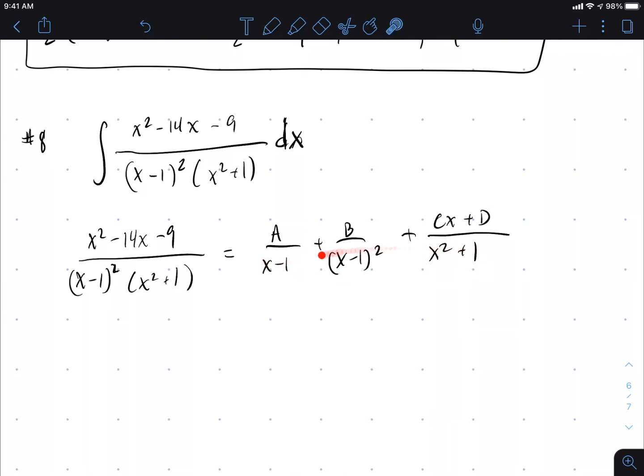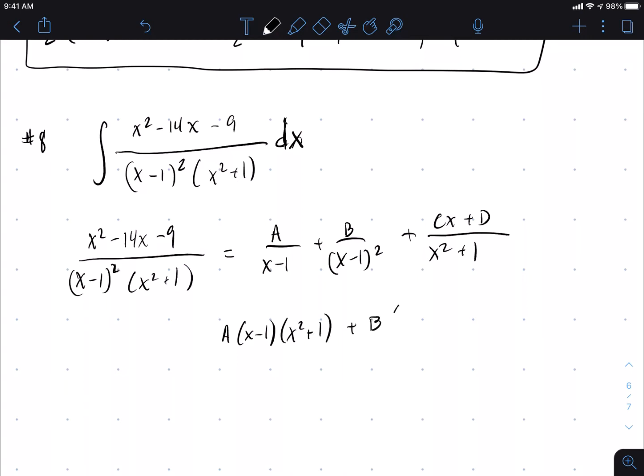Now we have to do the manipulations. We know that this thing, when we do common denominators, will be this, correct? Correct. So I'm going to worry about getting my A, B, and C, D in with the right numbers. A is going to have an x minus 1 with it and an x squared plus 1.